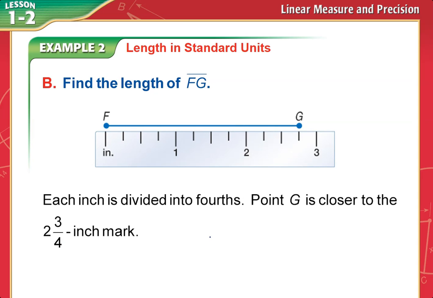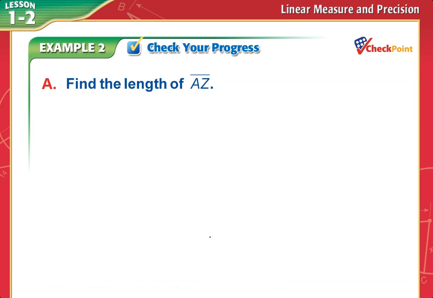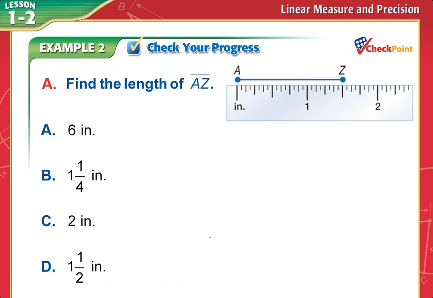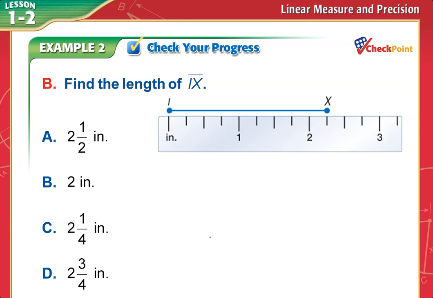Each mark is 1/4 inch, therefore we have 2 3/4 inches. Find the length of line segment AZ. Next problem, find the length of line segment IX. Okay, 2 1/4.